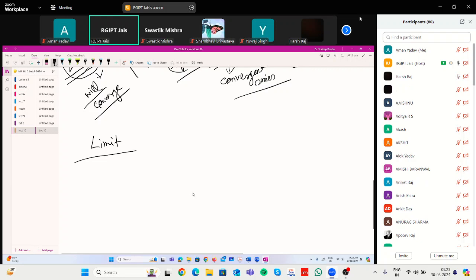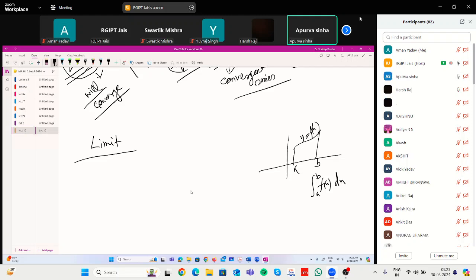So suppose you have to find the area, suppose this is A and B, this is your integration A to B, and this is y equals f of x. So what is the method you have studied? First, we take an infinitesimal area and then we integrate from A to B.